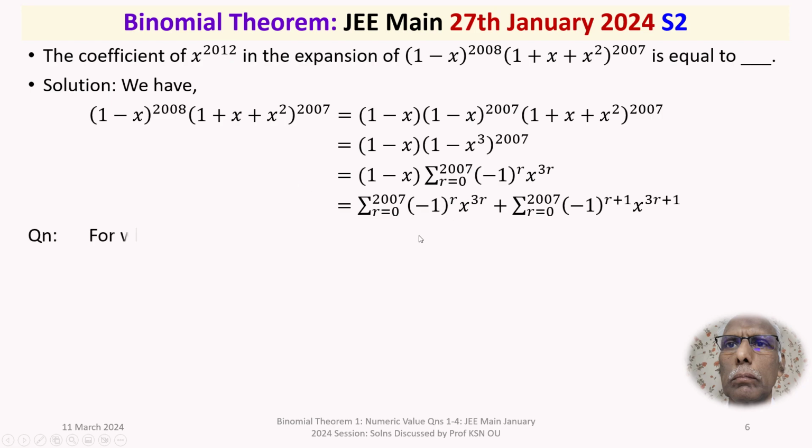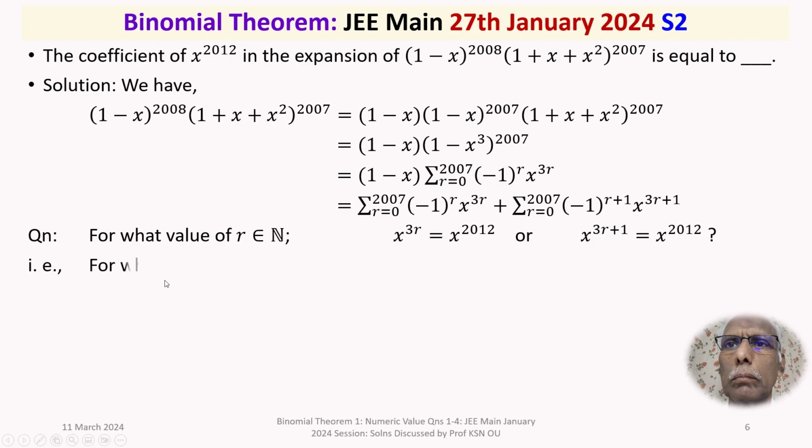So, we ask a question, for what values of r belonging to N, the set of natural numbers, x to the power of 3r is equal to x to the power of 2012, or x to the power of 3r plus 1 is equal to x to the power of 2012. That is, for what values of r, 3r is equal to 2012 or 3r is equal to 2011.